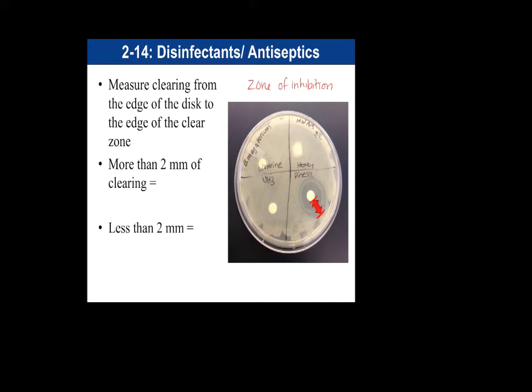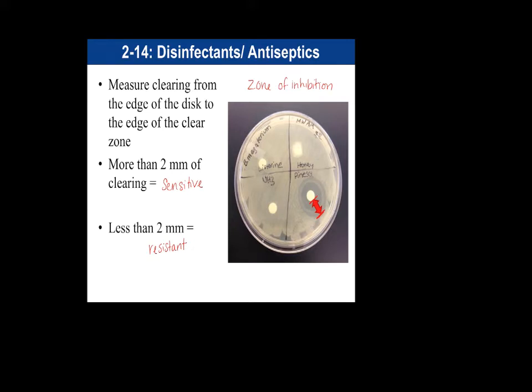In our antibiotics, we're going to do a different type of measuring, but this is from the edge of the disc out. If you have more than a 2 millimeter clearing, that organism is sensitive to that particular chemical. If it is less than 2 millimeters, it is resistant.